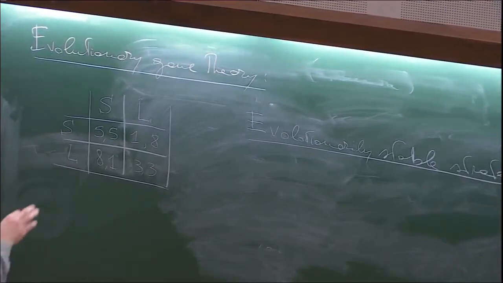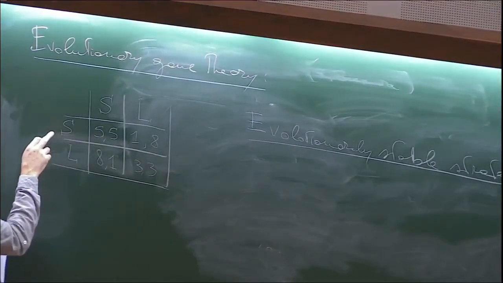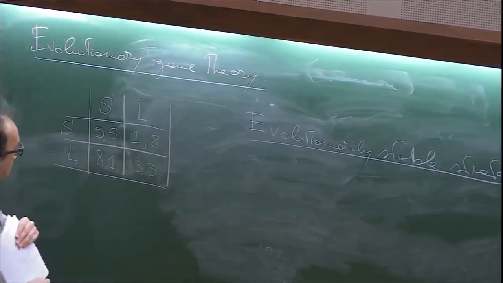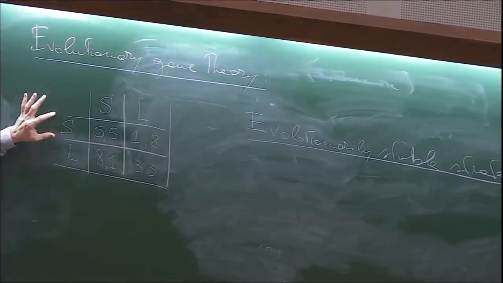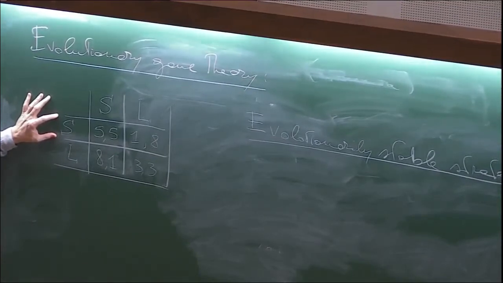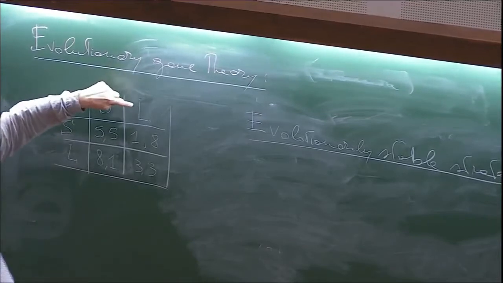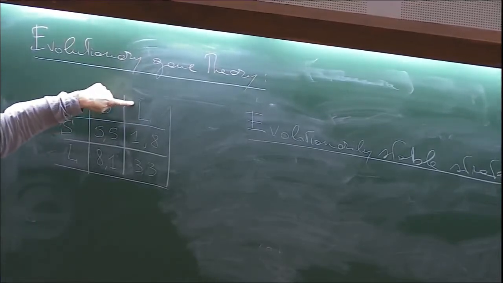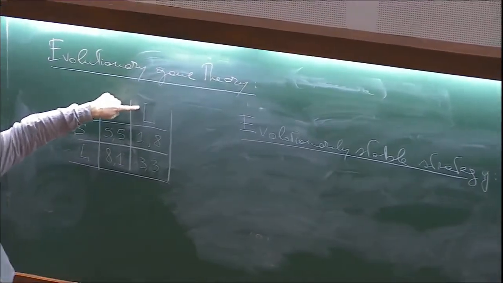So let's see if S is an evolutionarily stable strategy. You should think about what the payoff, or fitness, is if there is a fraction x of invaders, okay?